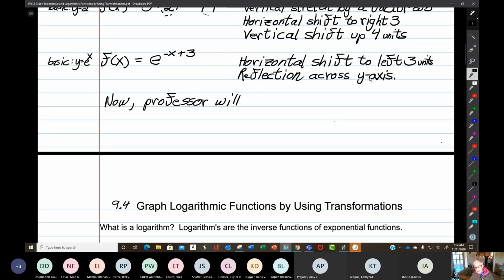I wrote it down here, but let me put an arrow going to this negative sign right there. A reflection across the y-axis. And then shifting to the left, 3.